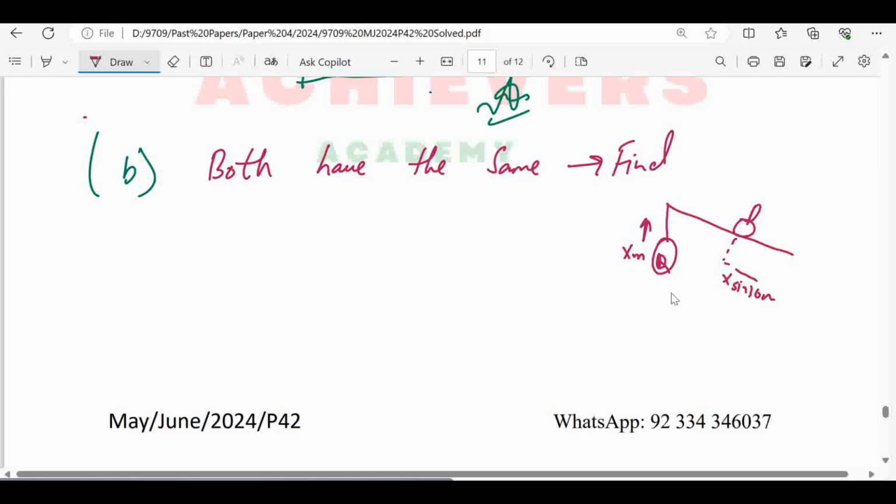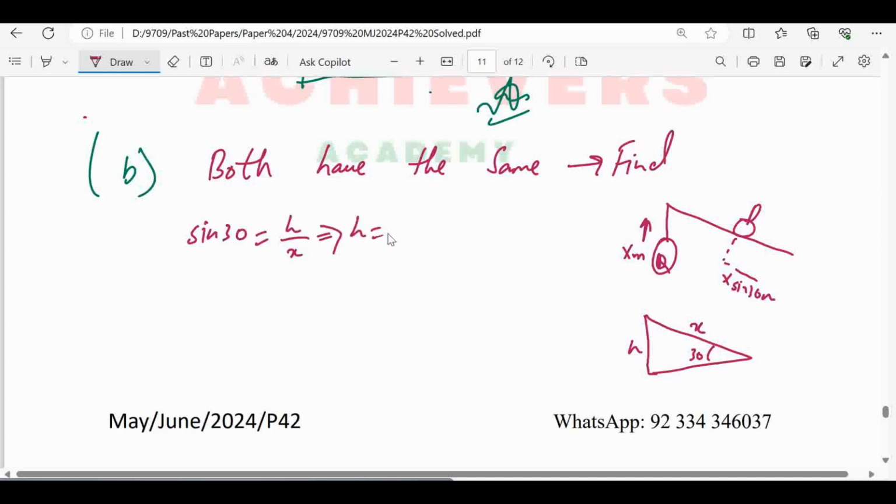So from here we can draw a rough estimate that this one is h, this one is x distance, and this one is 30. So we can use sine 30 equals perpendicular by hypotenuse.